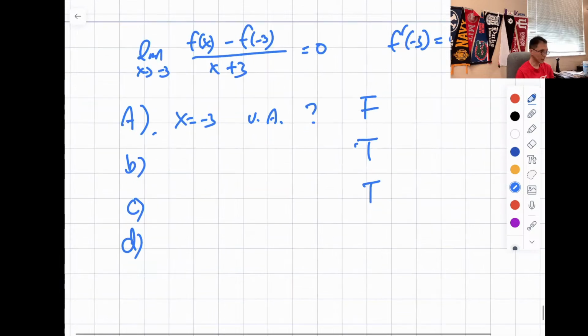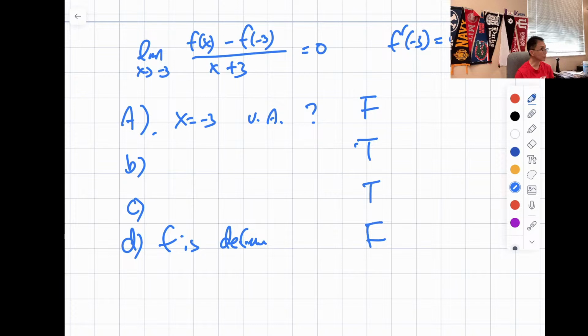D, is f not defined? Is that true or false? It is defined, so that is false. f is defined. So B and C are true. That covers everything we learned in this section.